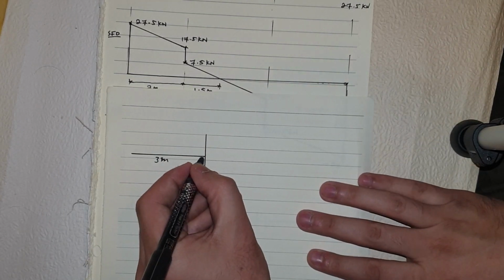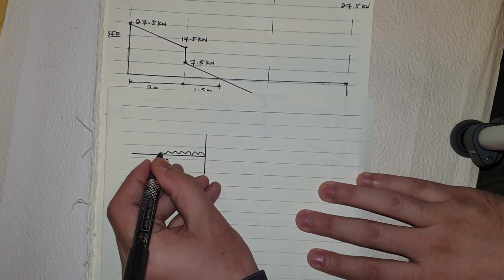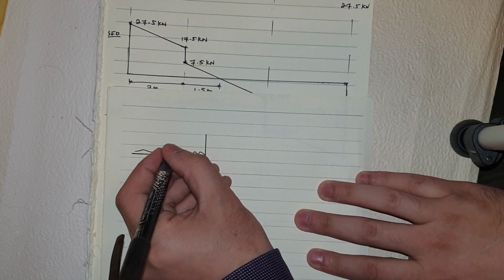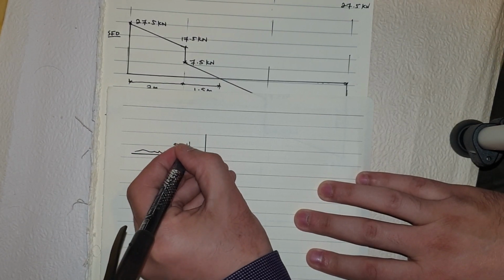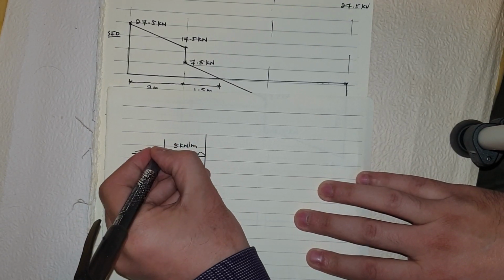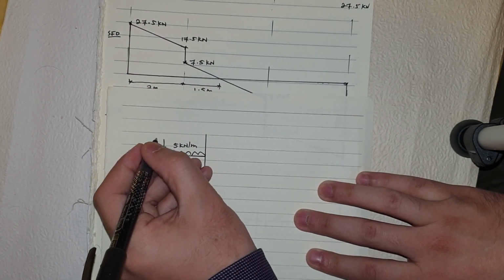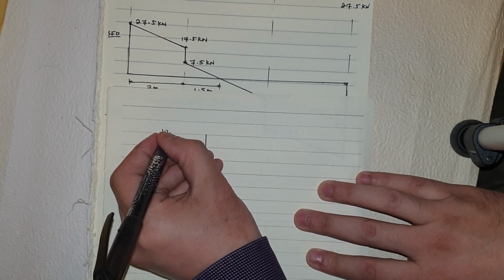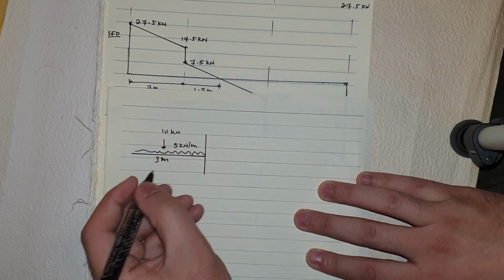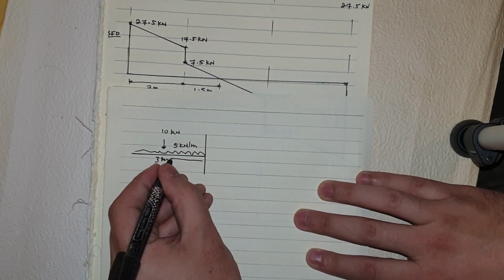I have a UDL, which is 5 kilonewton per meter. And I have 10 kilonewton, which is going downward again. So we know the total distance is 3 meter.